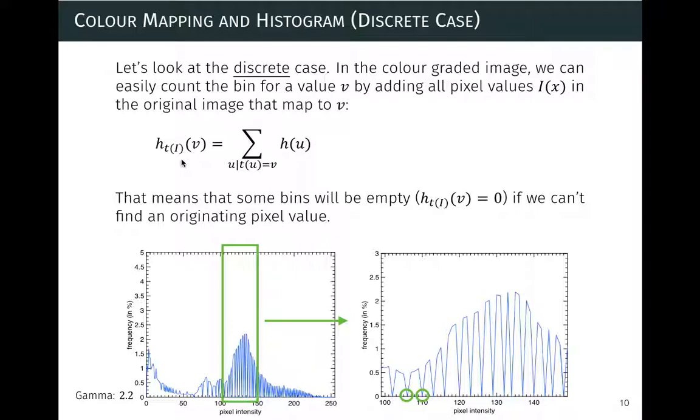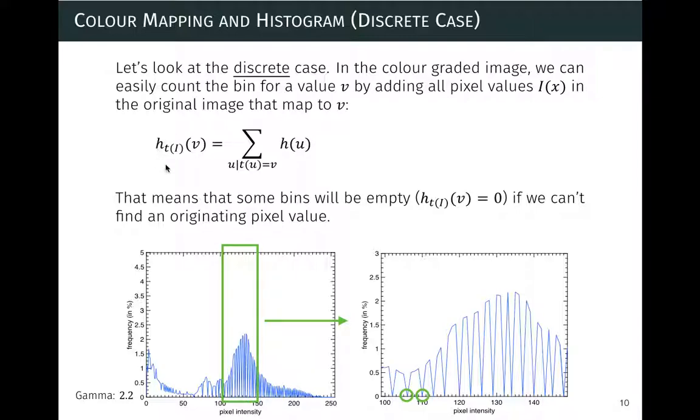So I have my picture, a typical scenario: I want to apply a color transform, and that has an effect on the histogram. What I want to do is bypass the whole picture domain and just say, I have my histogram and my color transformation. Can I compute directly what the histogram will look like after transformation?